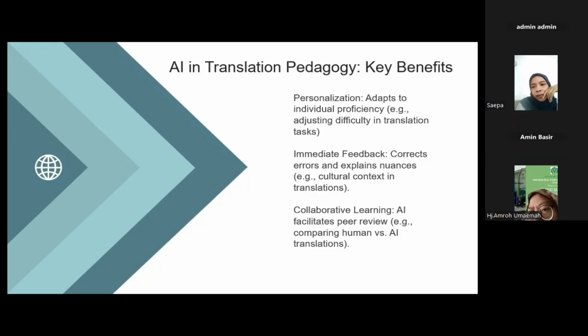And then collaborative learning. AI facilitates peer review. Here, comparing humans versus AI translation. Yeah, we can do that, especially in our classroom. In each group, for example, there are several paragraphs, and student one translates the first paragraph, student two, three, and so on.